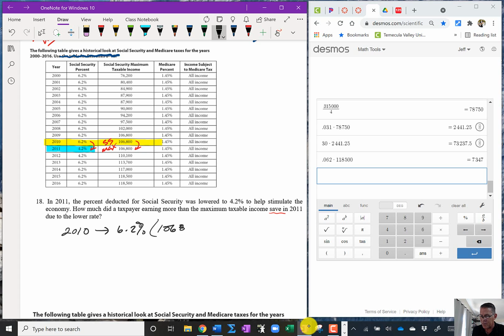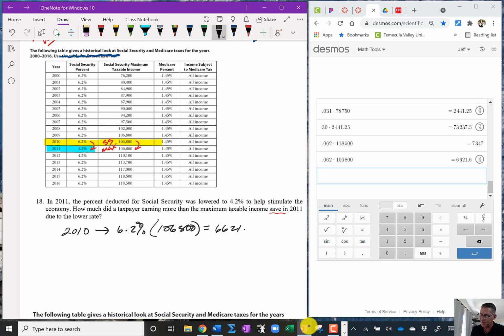So they paid $6,621.60 in that year, but in 2011, it dropped down to 4.2%, which is 0.042. So 0.042 times the same number, because the max taxable income didn't change. So you have to calculate this number here. So 0.042 times 106,800. Notice that it's less.